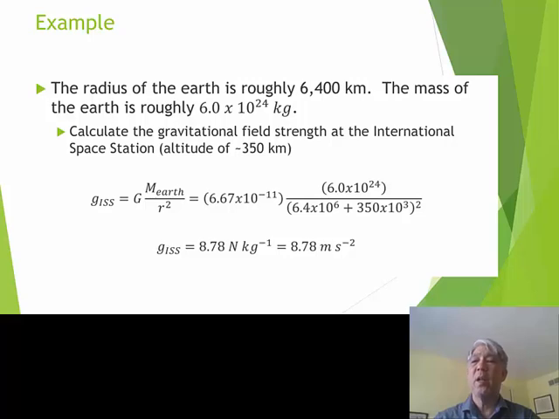Everything on the space station is effectively in free fall, falling at 8.78 meters per second squared. You experience the same effect on various roller coasters or thrill rides, if you go skydiving, anything along those lines. You will effectively feel weightless, but if we define weight as mass times little g, you are certainly not weightless.